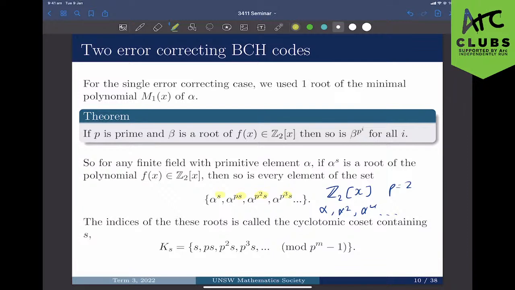And this is called the cyclotomic coset containing s. So if we start with s and we multiply s by p, and then we just keep going. And at some point, it could be p to the power of 4 times s, but once you apply the modulus, it might simplify into one of the other elements in this set. So yeah, this set is definitely finite.